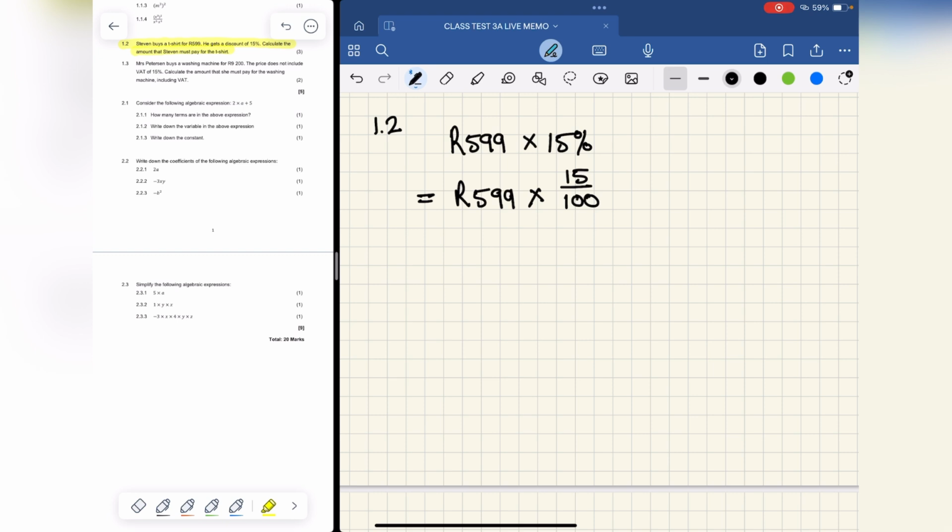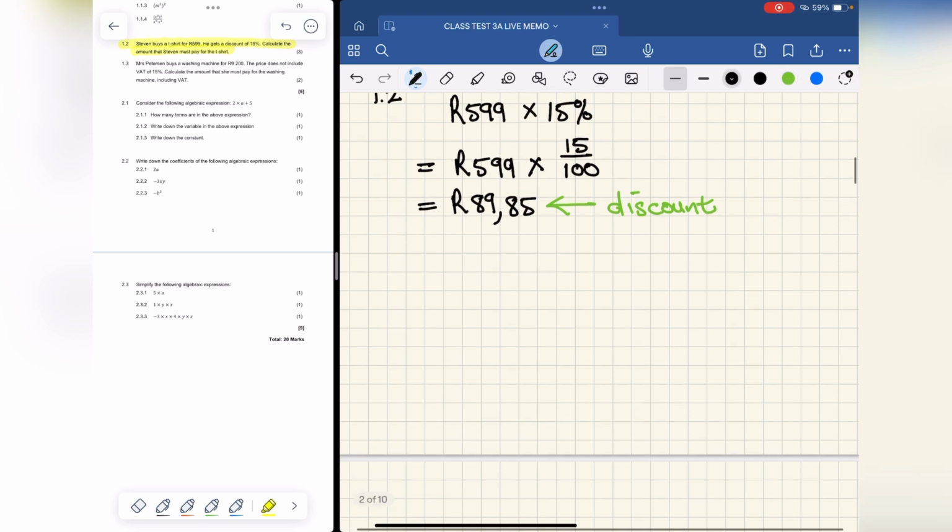So I have 599, I'm just doing this on an external calculator, not on the screen, times 15 and then divide by 100. And that gives me 89 Rand and 85 cents. Now this here is the discount. Now they did not ask you to just calculate the discount. They actually want to know how much he is going to pay for the shirt.